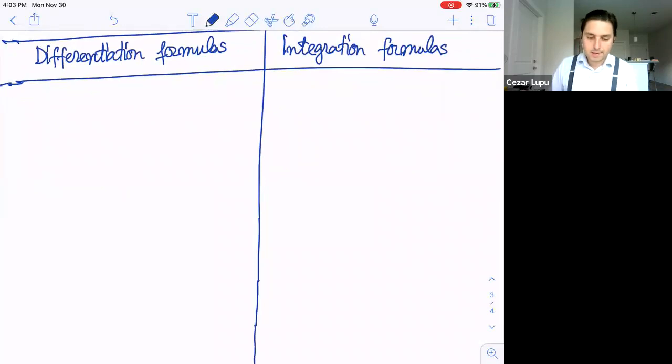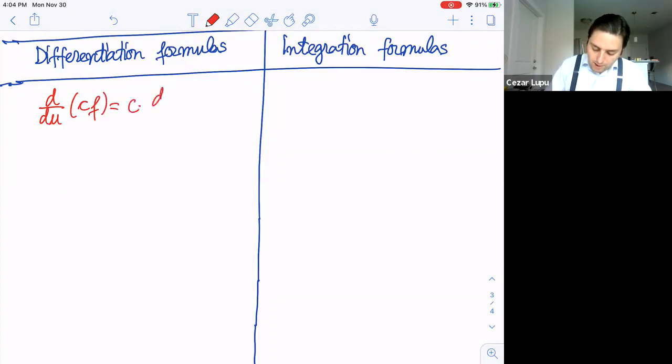All right. Let's see. The first one I would like to mention is the constant multiple rule. In fact, I will have the following: d over du of c times f is nothing else than just c times df over du. So this is what we call the constant multiple rule.